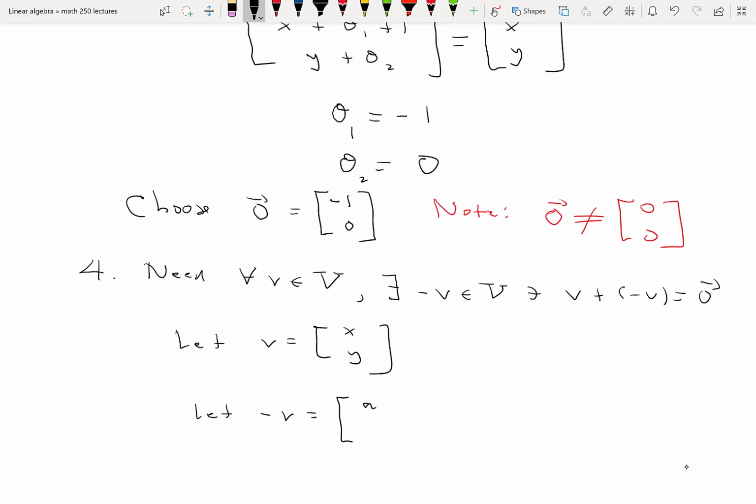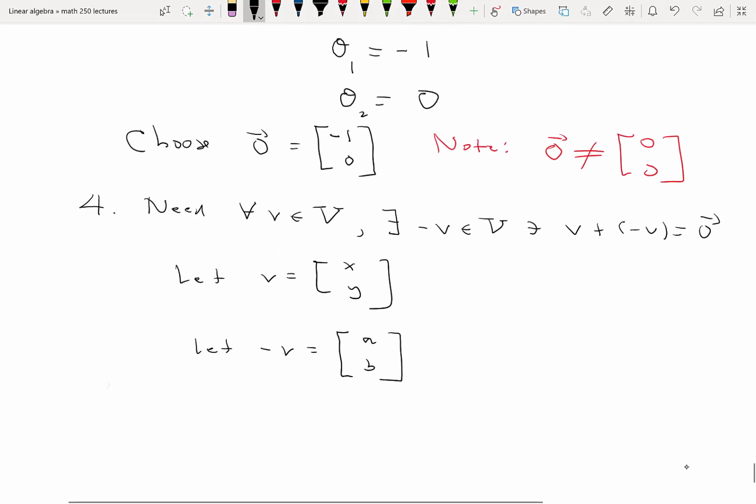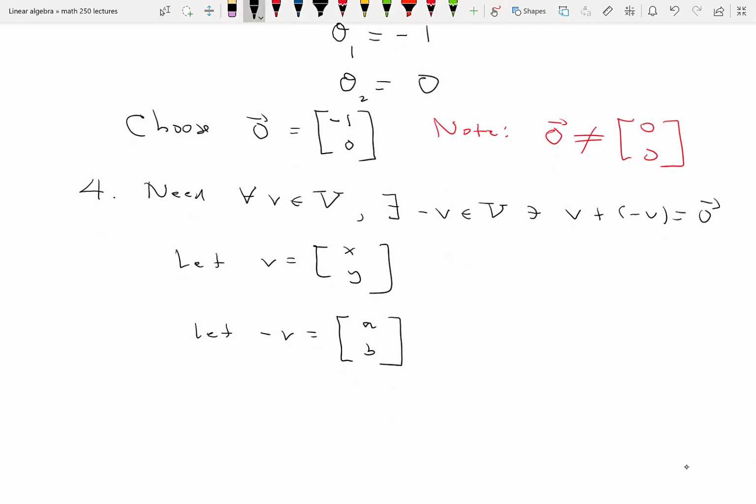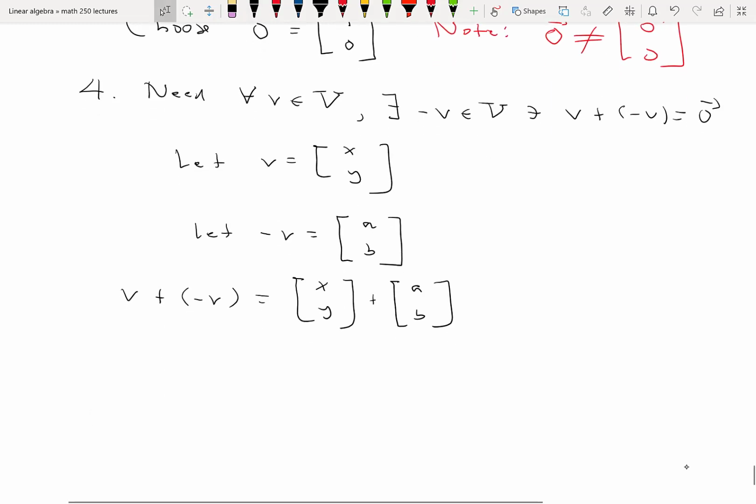Let's put in some placeholders for it. Let the opposite of v equal the column vector a, b, and set up an equation that says what a and b have to satisfy. v plus the opposite of v needs to equal the 0 vector. v plus the opposite of v is x, y, that's known to us, plus the unknown opposite, a, b.